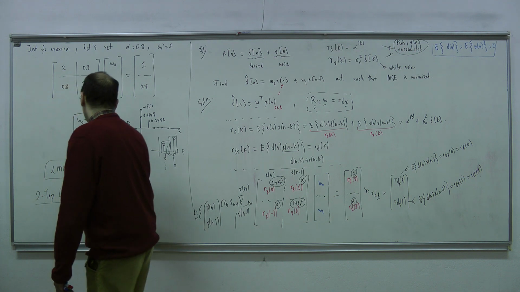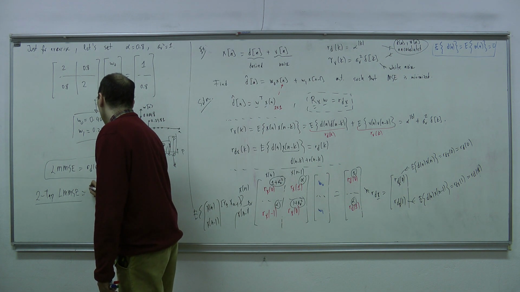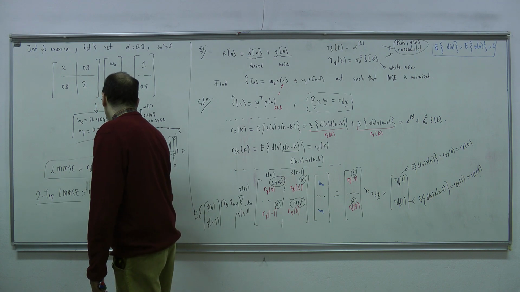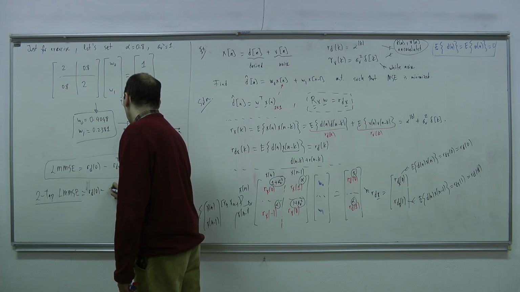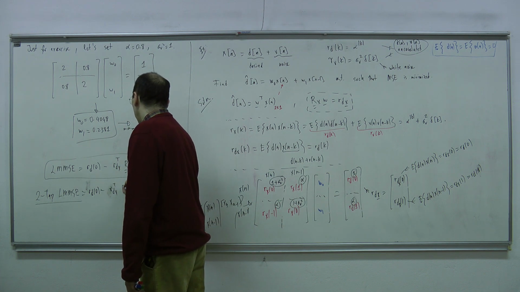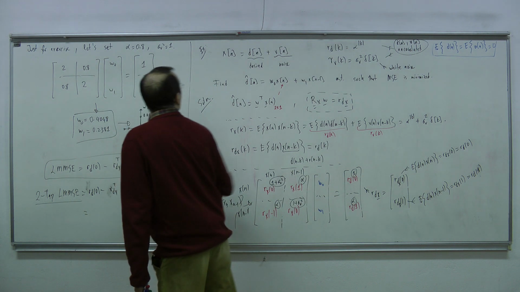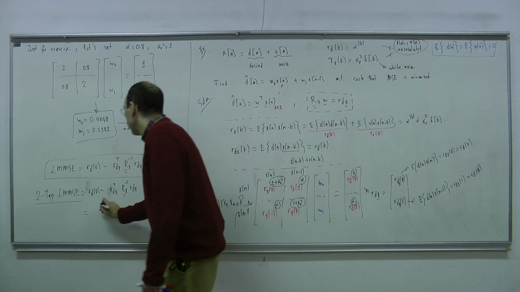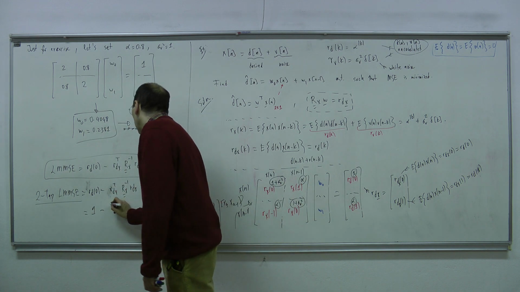So what is this one? I want to use this: Rd0 minus Rdx. So what is Rd0? It is 1 minus, how about this Rdx?